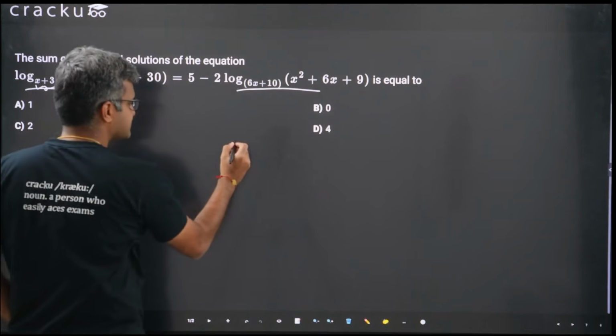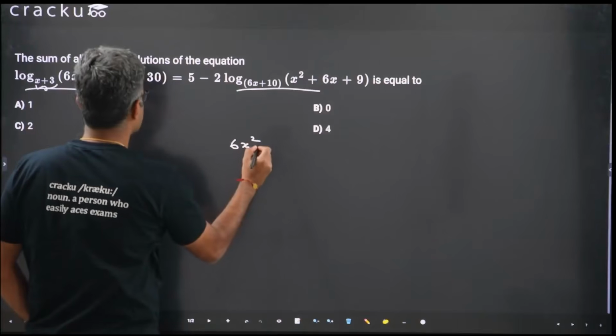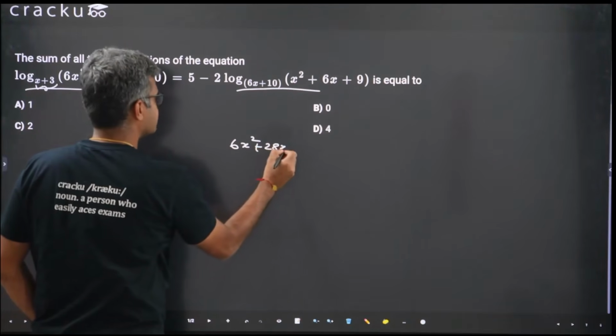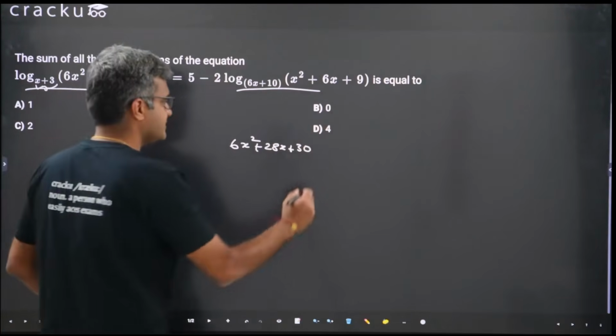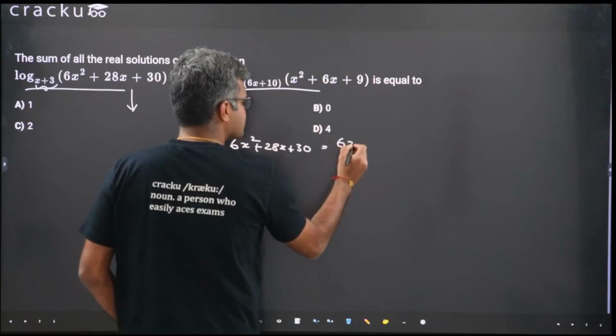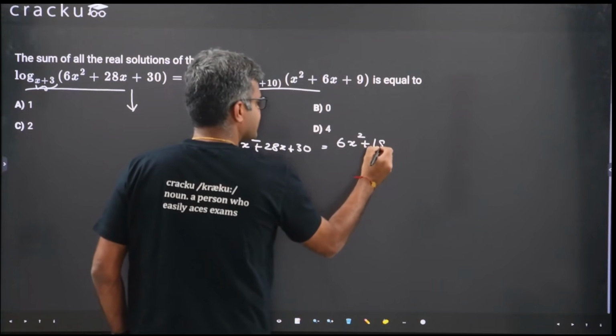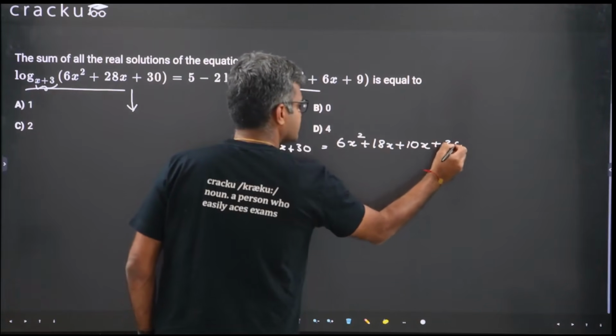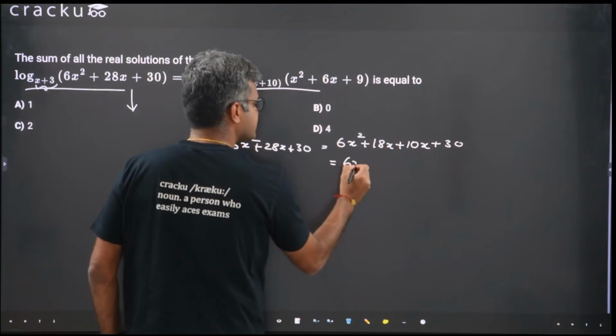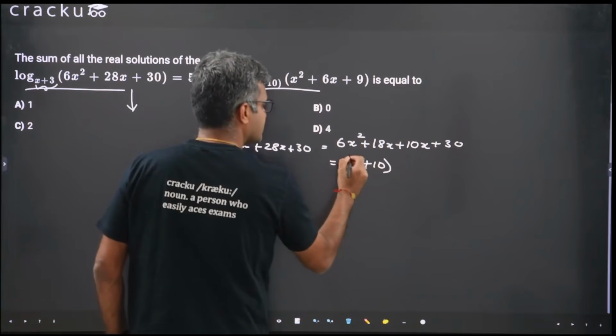So if you are looking at 6x square plus 28x plus 30, let us try to factorize it. This will be equal to 6x square plus 18x plus 10x plus 30. This is equal to 6x plus 10 into x plus 3.